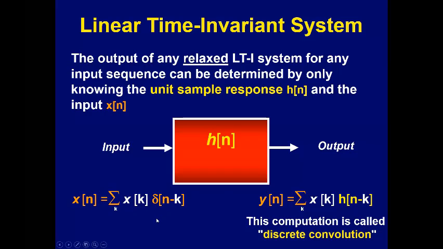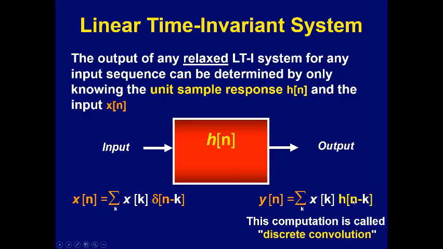Then if I know how the system responds to a unit sample sequence, I can predict its output for any input by simply scaling and shifting the unit sample response by the same values that we're scaling and shifting the unit sample sequence in the description of the input. And that restatement of linearity and shift invariance is actually the convolution sum for discrete time systems. It is the operation of discrete convolution.